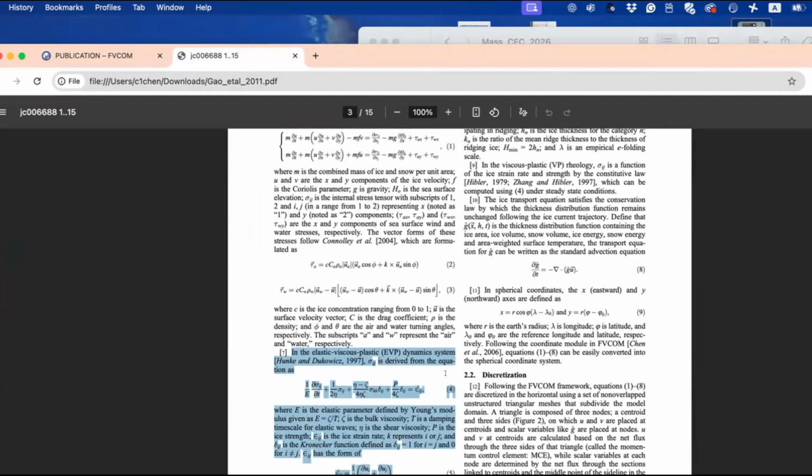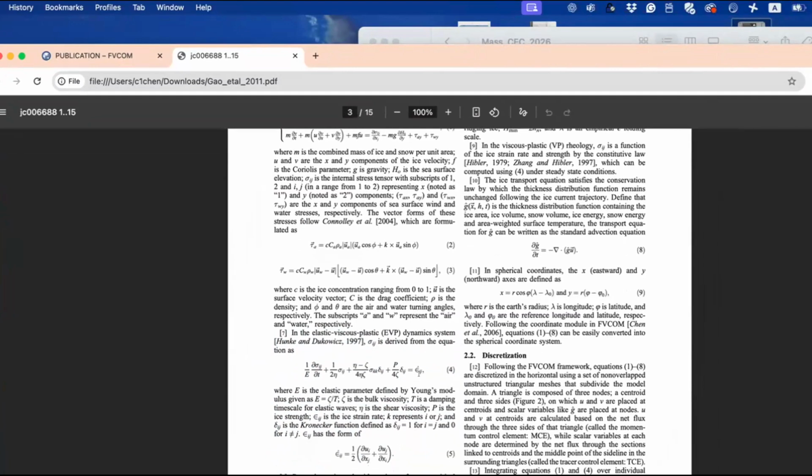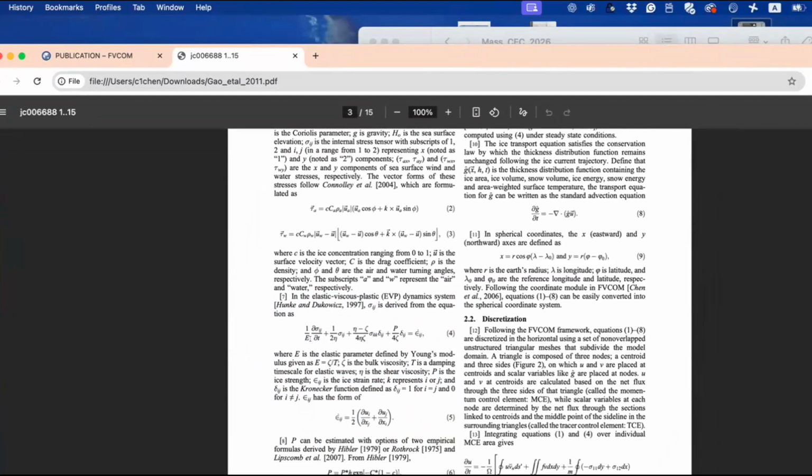In this practice, we assume this follows the EVP dynamics. That doesn't come from me, it comes from Hunke. So that's why you have to solve that equation. That equation is not dependent on what the unstructured grid is.